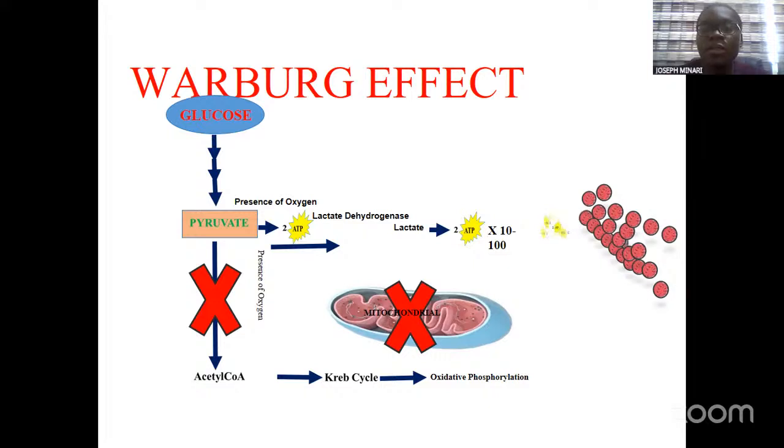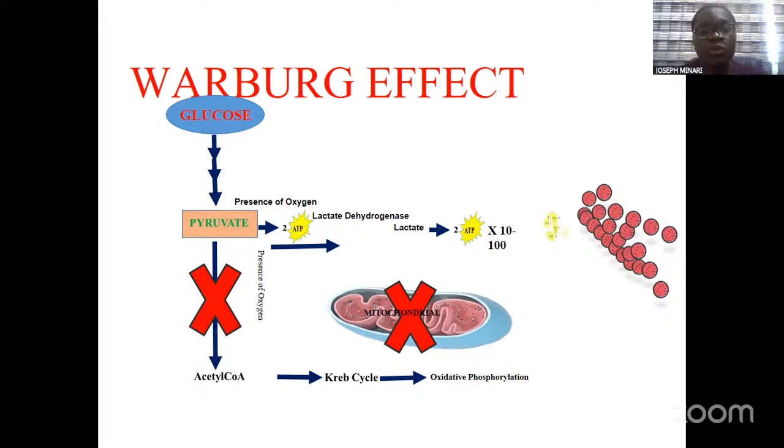Because the rate of proliferation of cancer is high, there is the need for these cells to proliferate at a high rate. So they need much ATP. At this point, glucose breakdown does not follow through the pathway.